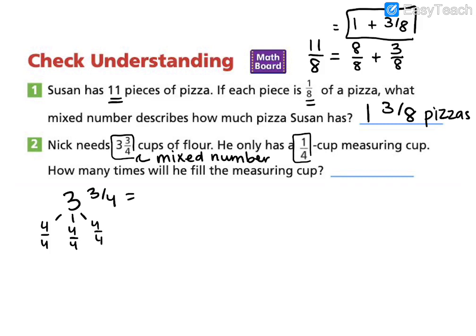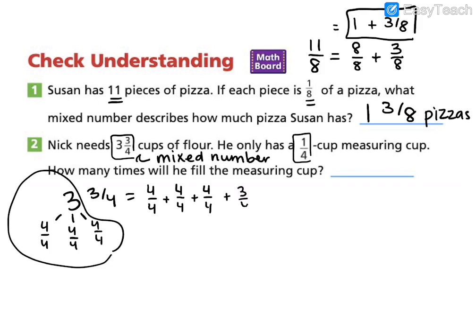So if I were to write my equation, it would look like 4/4 plus 4/4 plus 4/4. That tells me how many fourths are in 3 wholes, plus my additional 3/4.